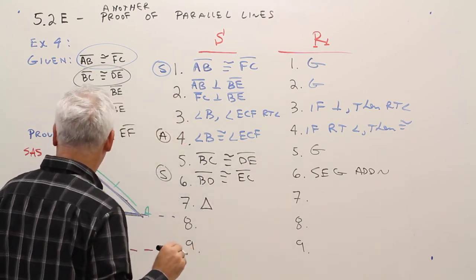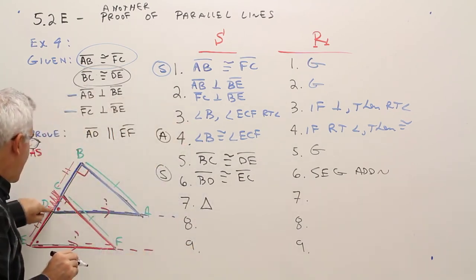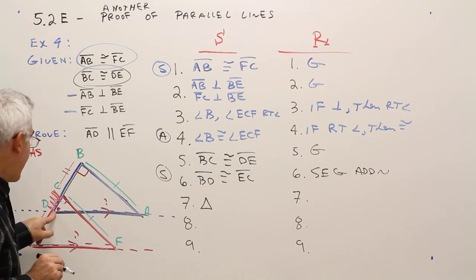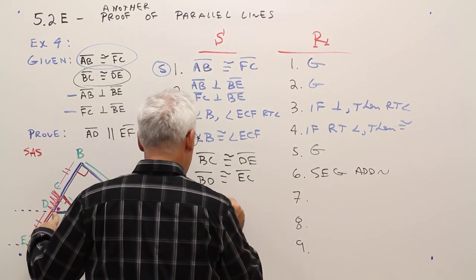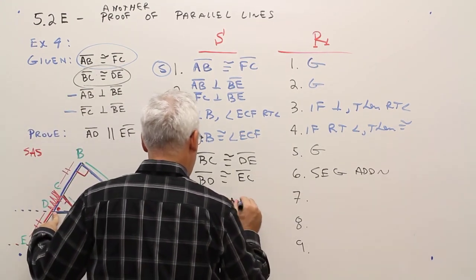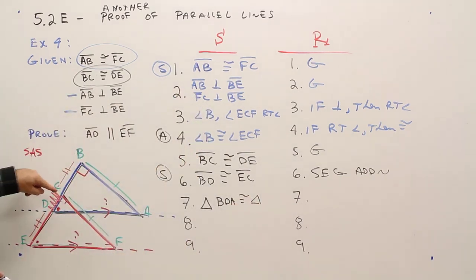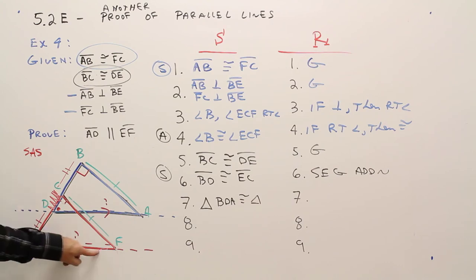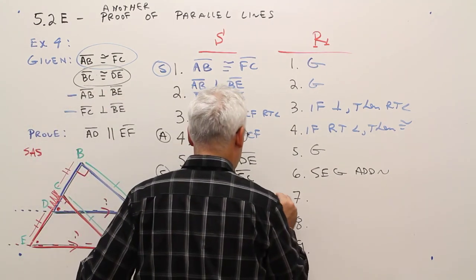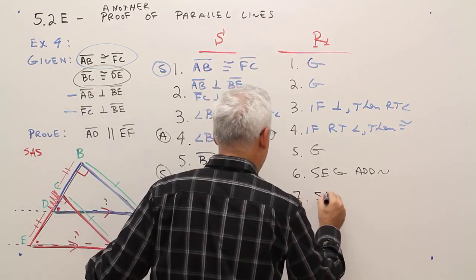So triangle, I'll call it BDA. I'm going to be wanting that angle. So triangle BDA is congruent to triangle CEF by SAS.